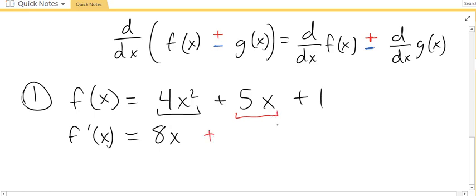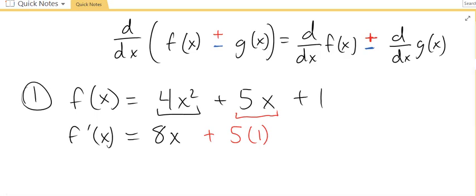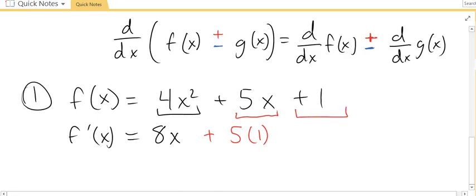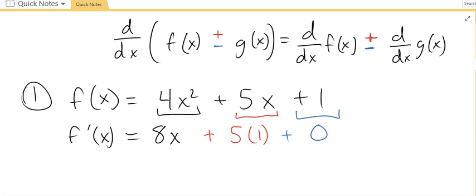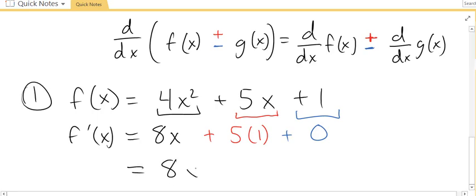The derivative of x is just 1, so this is going to be 5 times 1, because that constant just gets to come along. And then lastly, we have this plus 1 here. The derivative of that is just 0, because the derivative of any constant is 0. So when we go ahead and do this, we get 8x plus 5 as our derivative.